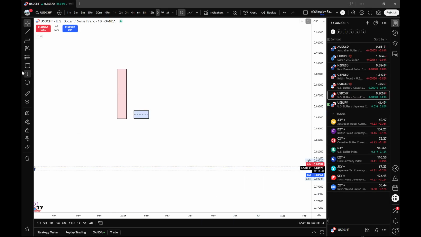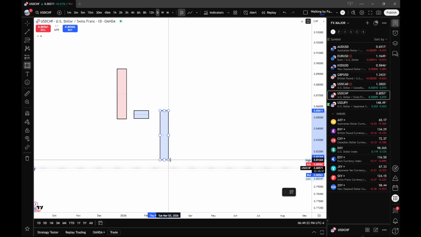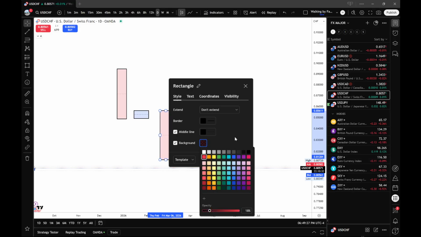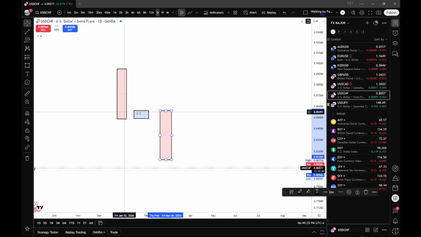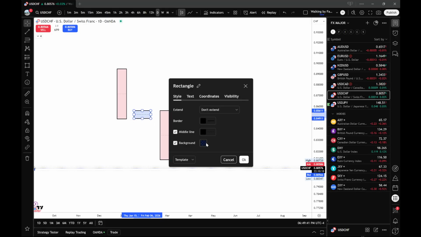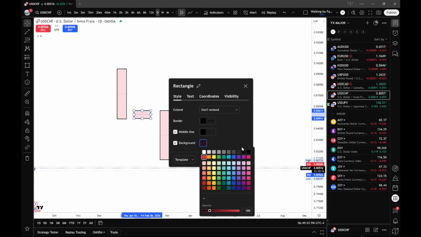It could be a blue candle and then a red one dropping. The most important thing in the drop-base-drop sequence is the drops. Both drops have to be red. Sometimes we could see the base be blue, and sometimes it could be red.